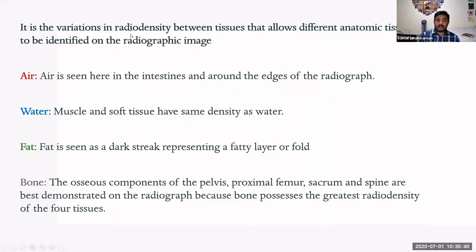It is the variations in the radio density between the tissues that allow different anatomical tissues to be identified on the radiographic image. For example, air is seen here around the edges of the radiograph. Water, muscle and soft tissue have the same density as water. Fat is seen as a dark streak, and bone you can see as the white.